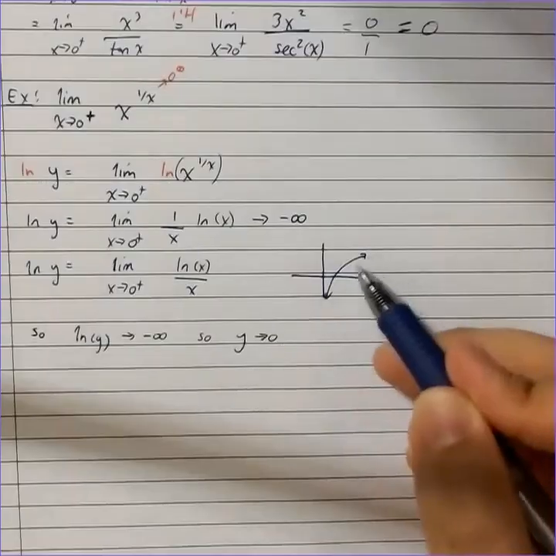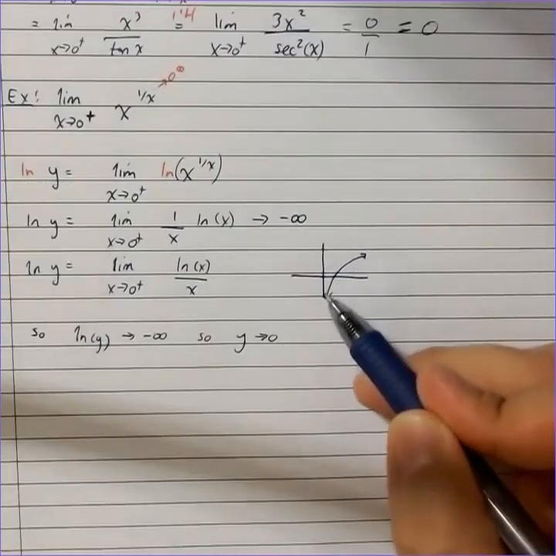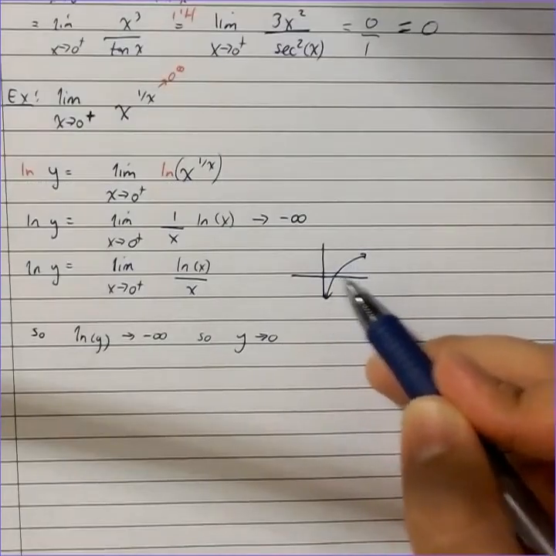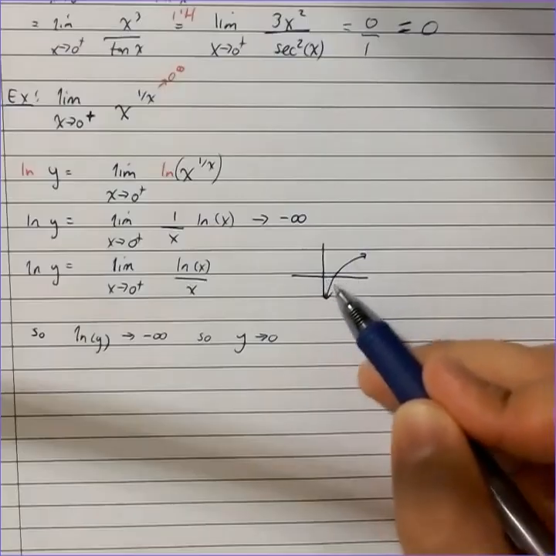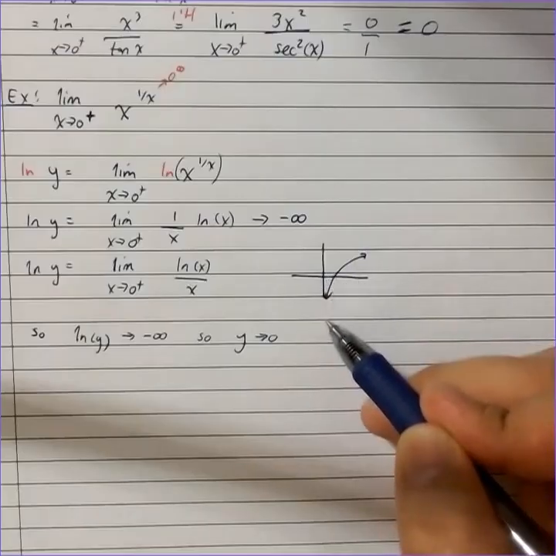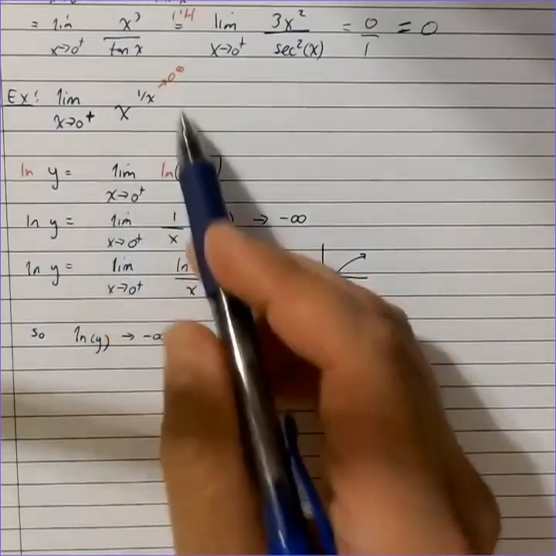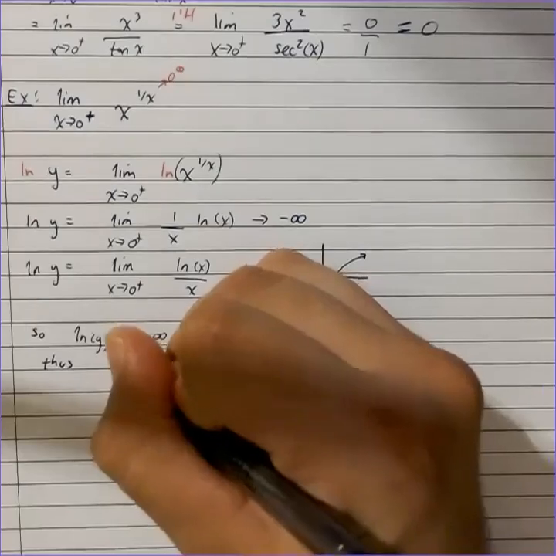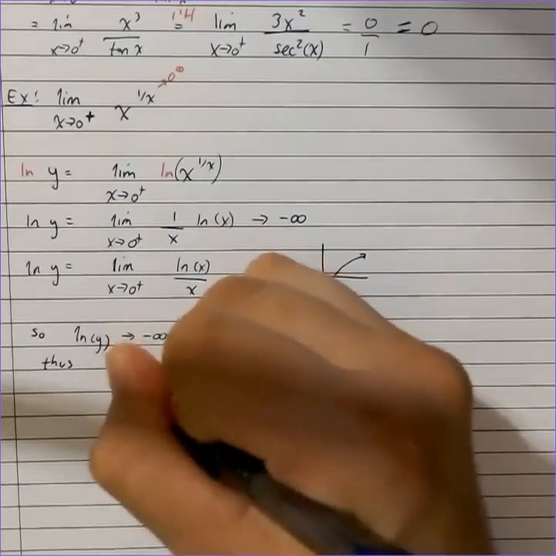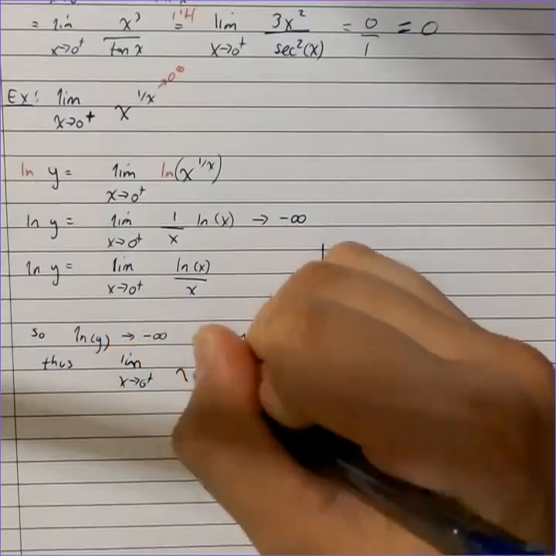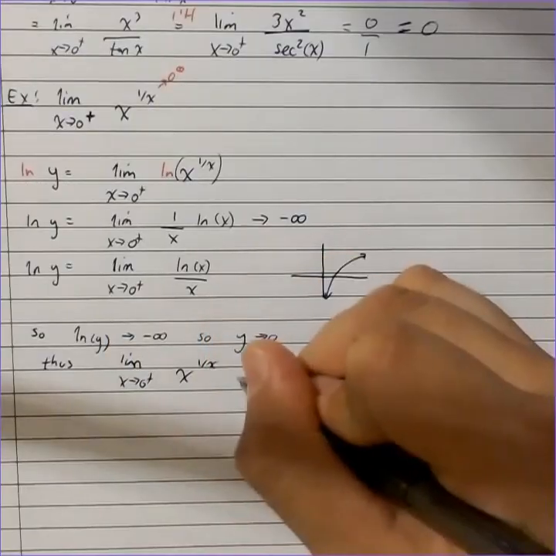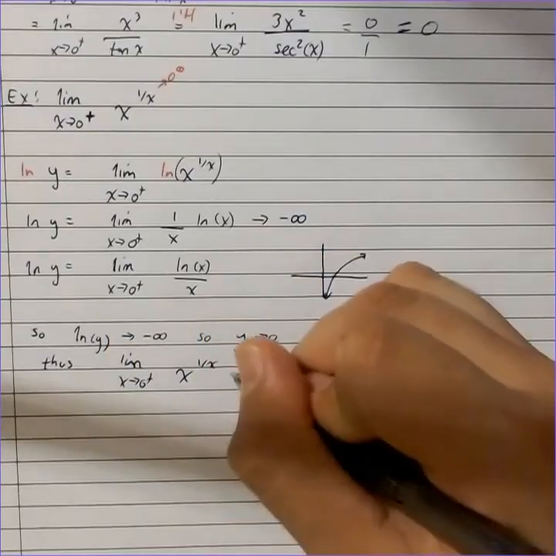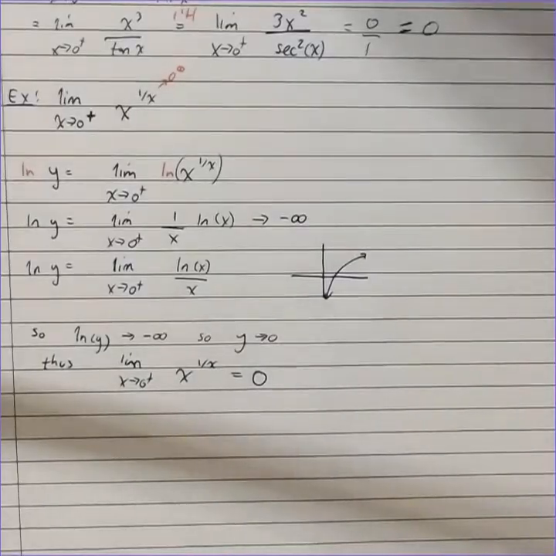You can see that from the graph. As your natural log goes down toward negative infinity, it's because your argument was headed back toward the origin, toward the asymptote here. But y is equal to that limit you were looking for. Thus, the limit as x approaches 0 from the right of x to the power 1 over x is equal to 0. And that's our limit.